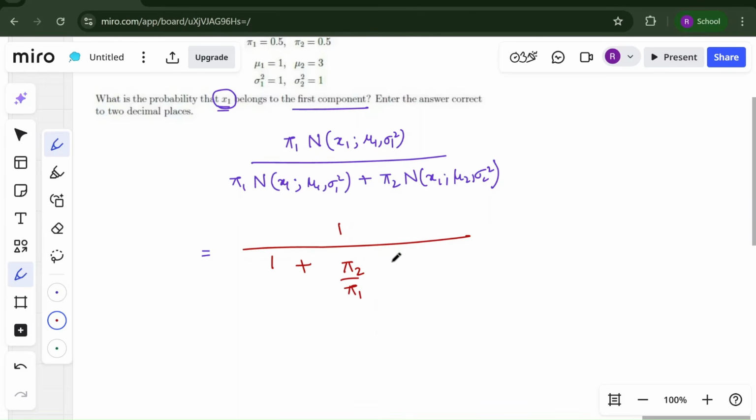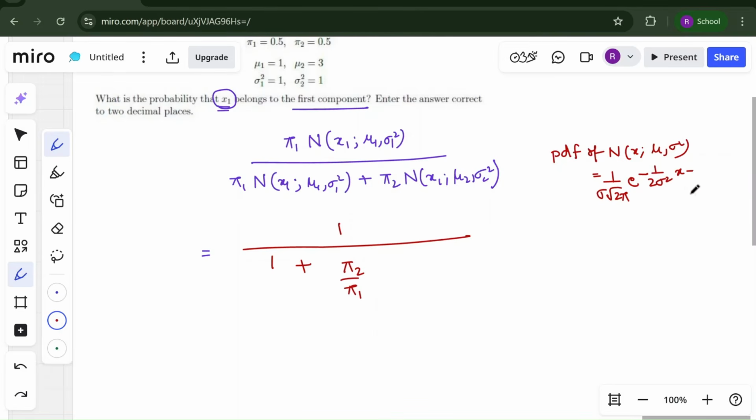If you remember the PDF of normal x with mu and sigma square, this is given by 1 by sigma under root of 2 pi, then e to the power minus 1 by 2 sigma square times (x minus mu) whole square.